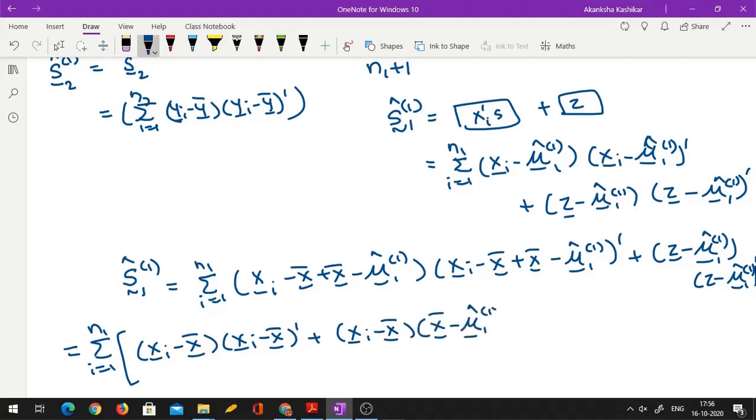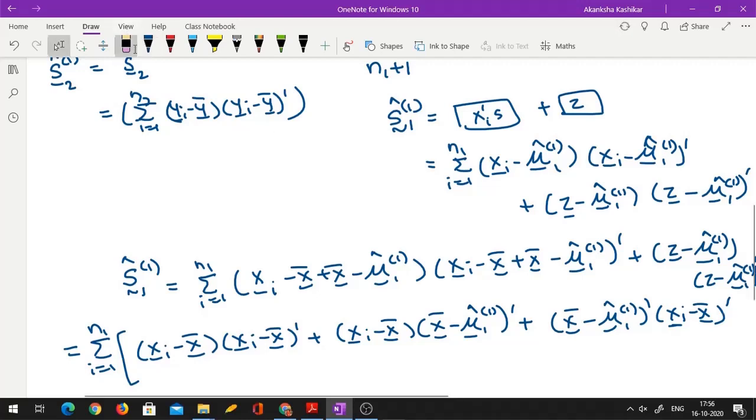So I would say the first hypothesis is that z comes from the first population. So x1, x2, up to xn1 and z, all of them come from the first population. Of course, y1, y2, up to yn2 come from the second population.